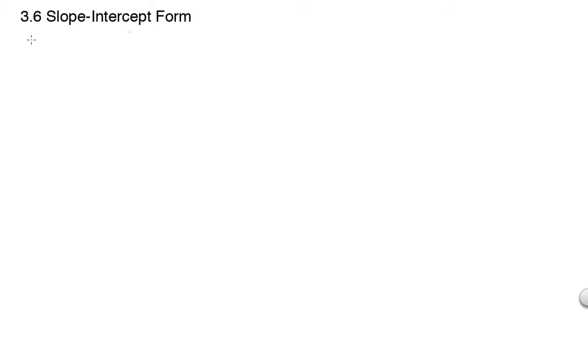Hello and welcome. I want to talk about the slope-intercept form of a linear equation. Now, a linear equation of two variables has a standard form of ax plus by equals c, where a, b, and c are just real numbers.